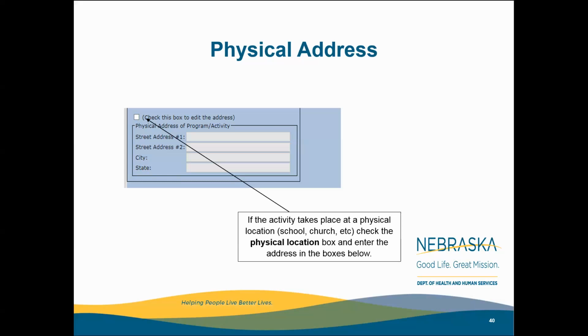So if you are doing your activity at a church and you're just serving that church community and you don't necessarily know what zip codes that church pulls from, instead of trying to guess, you could just select this box and then put in the physical address of the church, and that would help us to pinpoint the location of approximately the community that you're serving there.